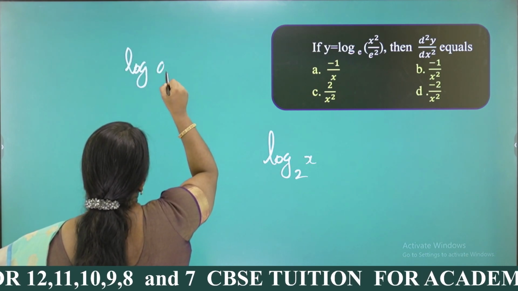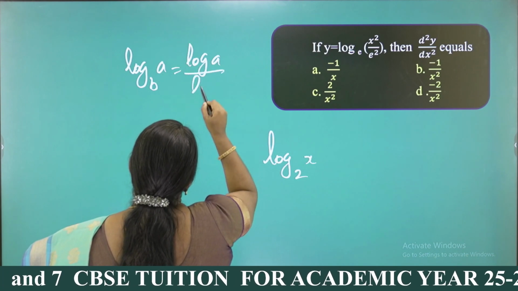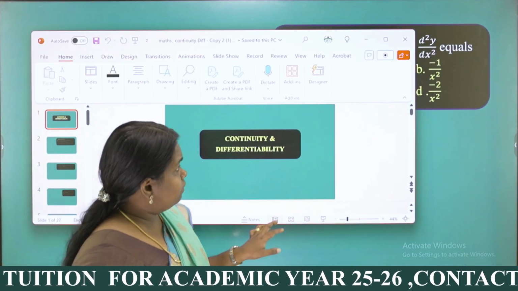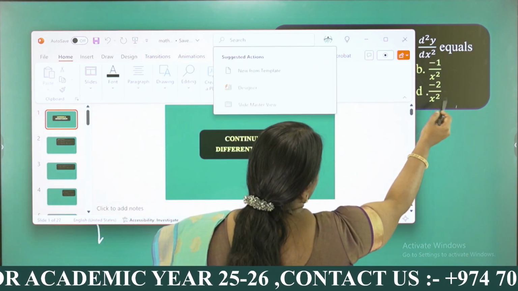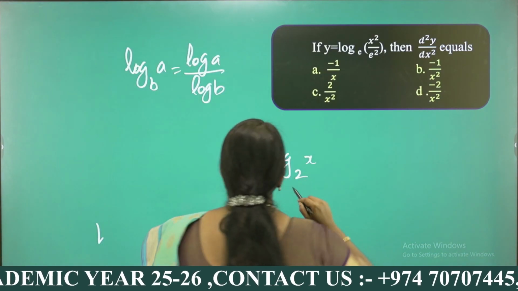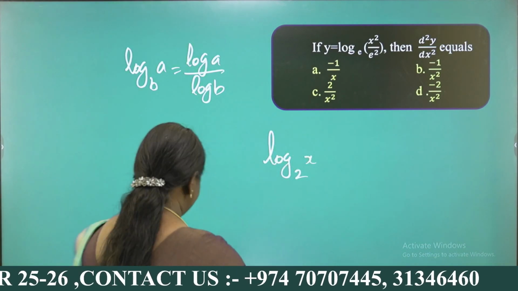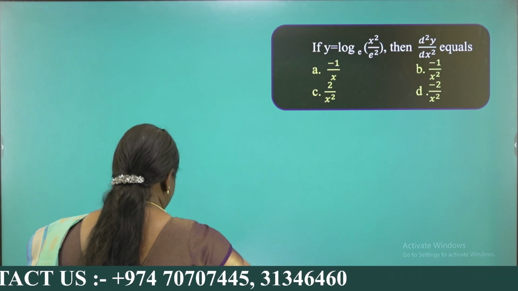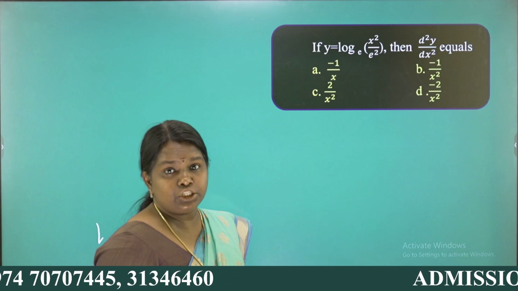Logarithm of a to the base b is logarithm of a divided by logarithm of b. Here the base is e, so there is no problem. You can simply differentiate 2 times. If you differentiate, you will directly get your answer.